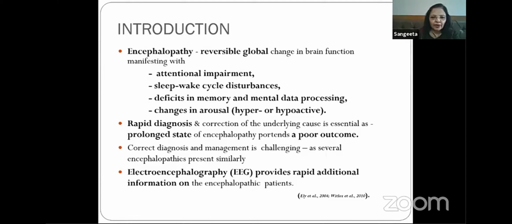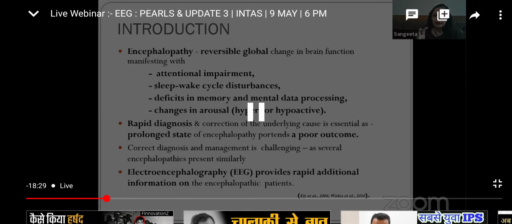It may have sleep-wake cycle disturbances, deficits in memory and mental data processing. The person becomes slow to respond to the next question, and there are changes in arousal. They may become hyperactive or hypoactive depending on the metabolic condition. Like in thyrotoxicosis, it may become hyper. If there is myxedema and hypothyroidism, he may become hypoactive. So that's the way encephalopathy can present.